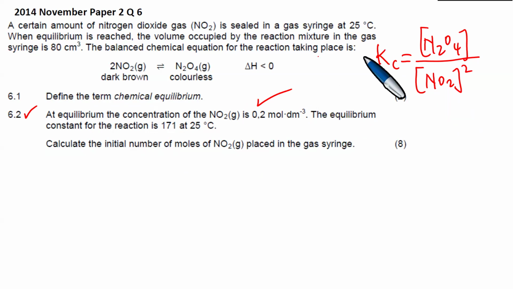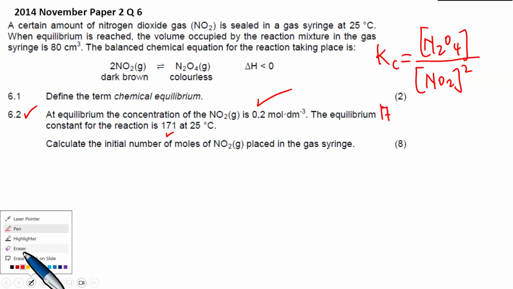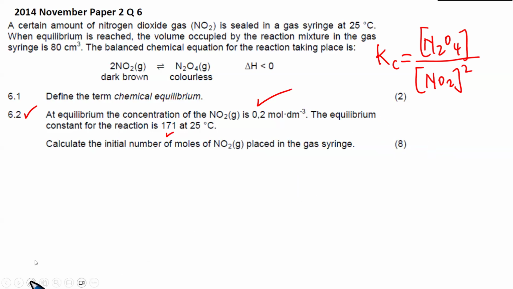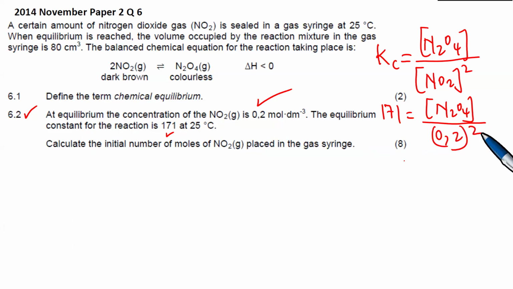Now, we're going to draw the table, but we take note of key things. Once they give you the concentration at equilibrium, you know that the equilibrium constant is 171. So 171 is the Kc, which is equal to N2O4 divided by the concentration of NO2, which is 0.2 squared.